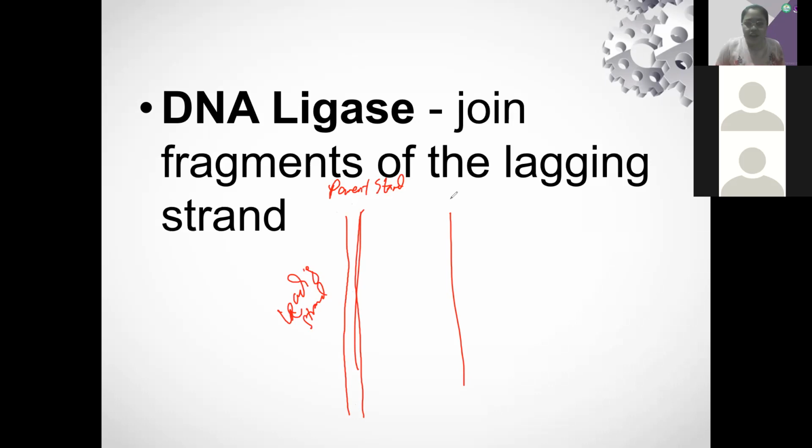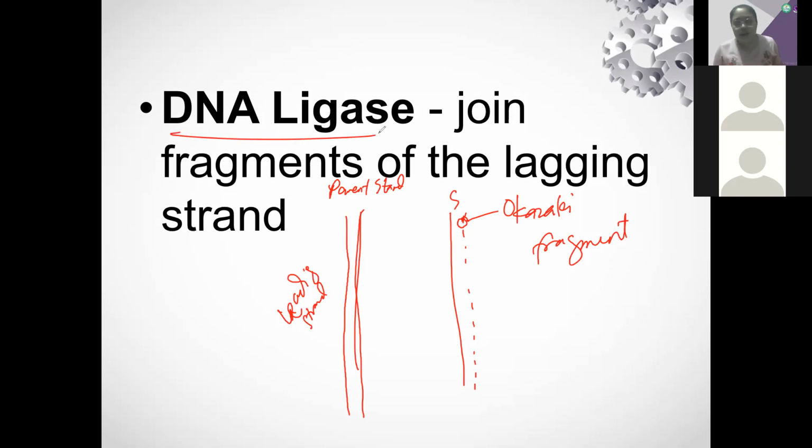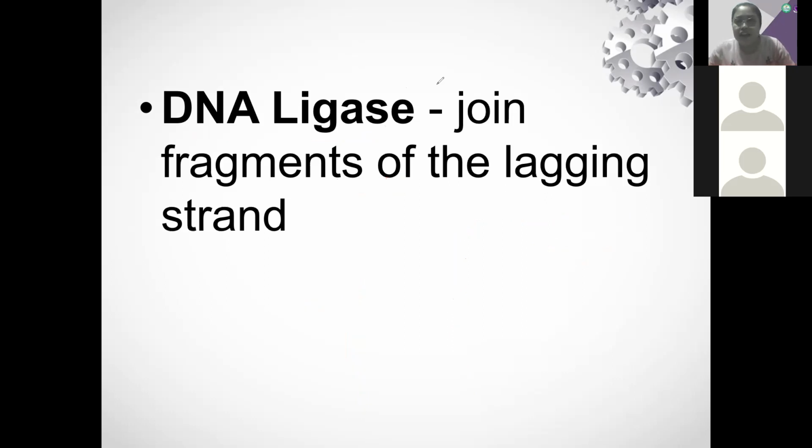Pero itong isa kasi na strand na nahiwalay, hindi kasi tuloy-tuloy ang kanyang replication. By fragments siya. Ang tawag sa isang fragment na yan is the Okazaki fragment. And then afterwards, after makopy na lahat, all these fragments will be joined by, ililink sila together by the enzyme called DNAligase.